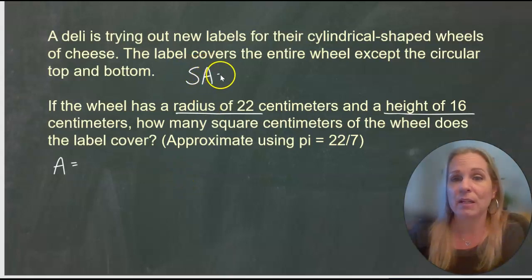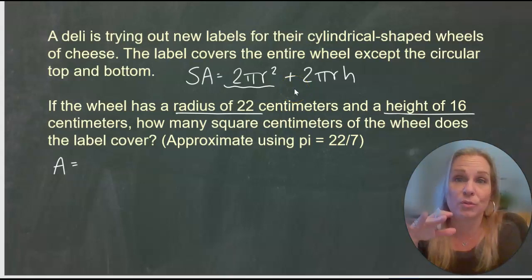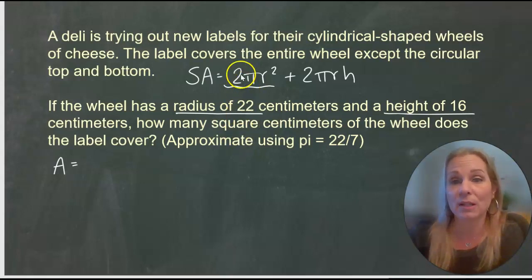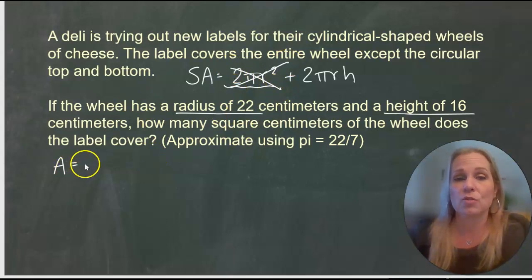So we only need to use the second part of the formula, right? Because remember, here's our surface area formula. But this part is our circles, right? That part is the area of the two circles, the one on the top and the one on the bottom. So we don't need that this time. So we're just going to do the circumference times the height.